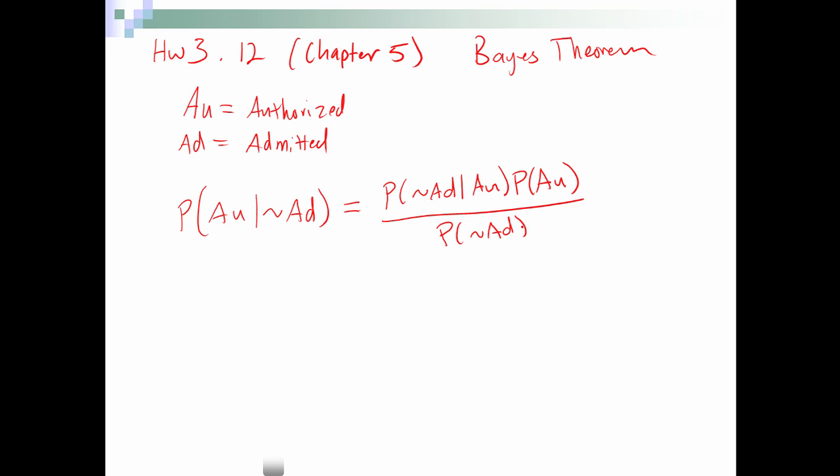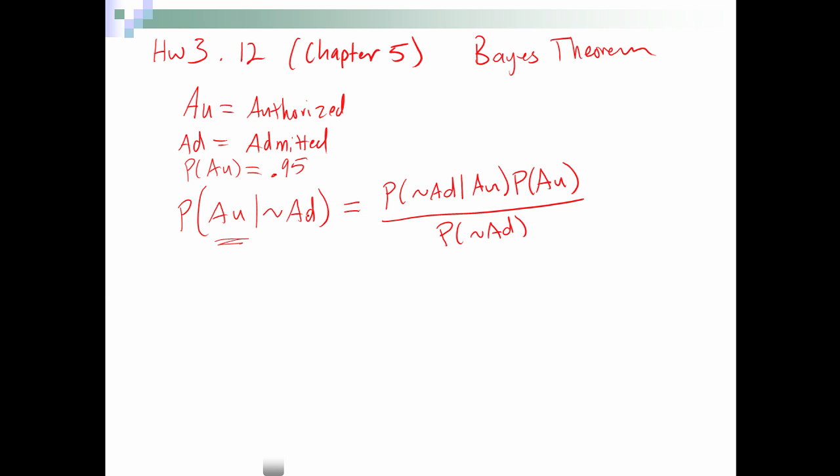So we want to know the probability of being authorized given no admission, and we can start with the probability of being authorized as the prior probability. We're told in the question that 95% of those who try to get in are going to be authorized. So the probability of authorized is going to be 0.95, and now we're going to update that. We're going to say given that they're not admitted, what's the probability they're authorized?